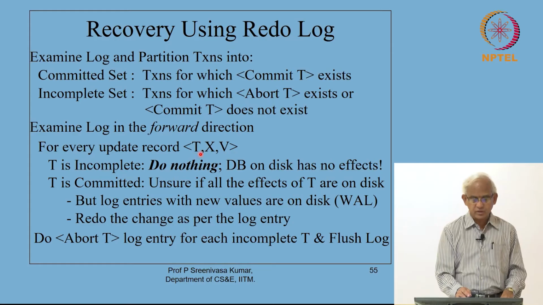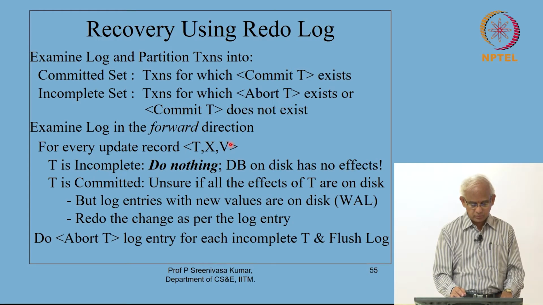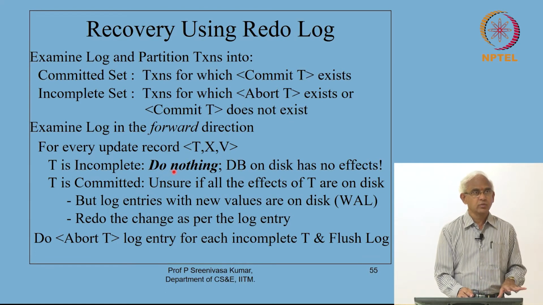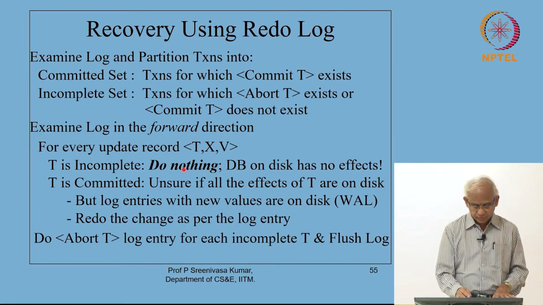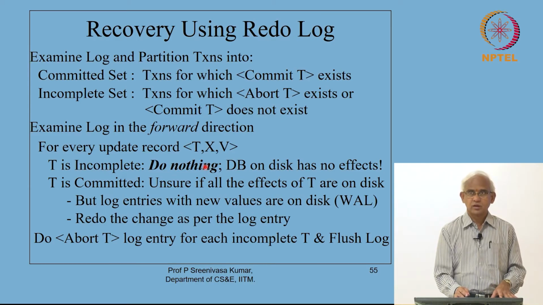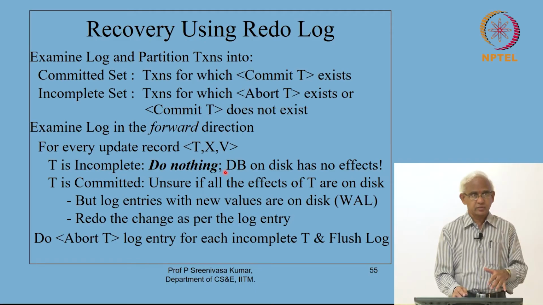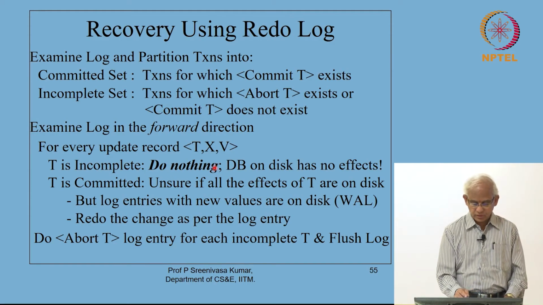For every update record that we find, the transaction T has changed a database item and V is the new value. If T is incomplete, then we are not going to do anything about that transaction. That is because if the commit T record has not reached the disk, the transaction would not have attempted to make any changes to the database anyway. So, if it is an incomplete transaction, we will do nothing.